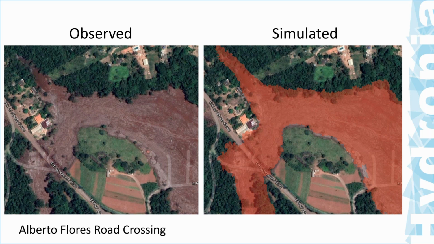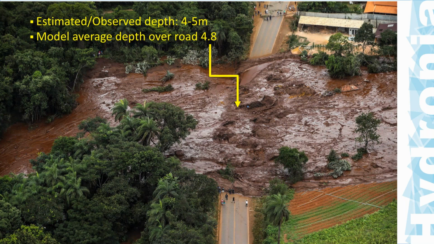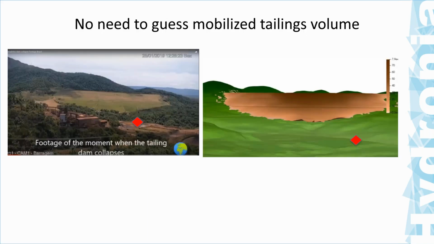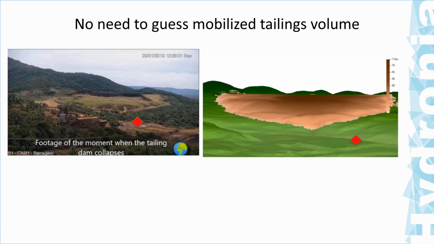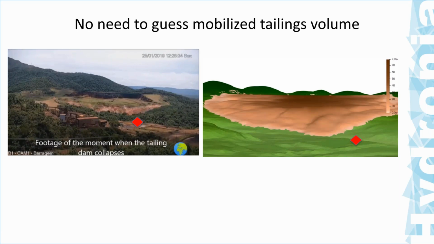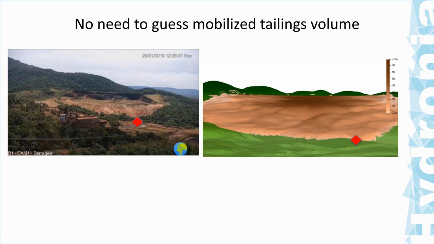And in most areas, the model was very accurate in replicating the areas that were affected and the depth of the fluid as well. We used these images to estimate the depth of the sediment at different locations. Then we also compared with the model results, for a pretty interesting exercise of comparison. In this case, the left image shows again the actual event, and on the right a 3D animation with the simulations of the model.